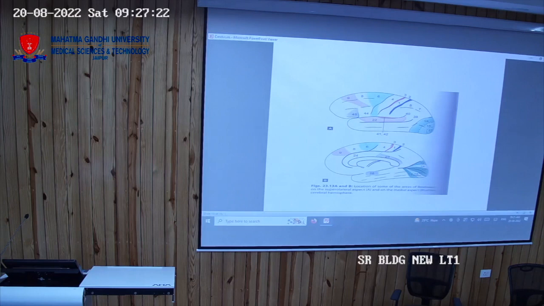This left eye will go on this side, right eye will go this side, opposite side. So that is called conjugate movement of the eye. And this area number 8 is called frontal eye field. The stimulation of frontal eye field is responsible for conjugate movement of the eyeballs.